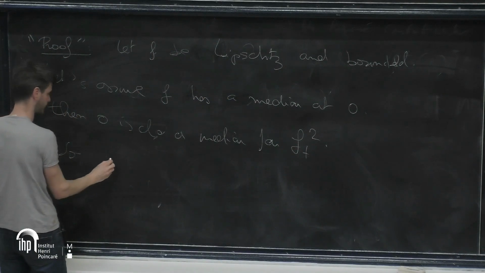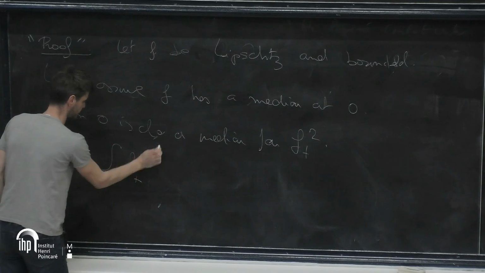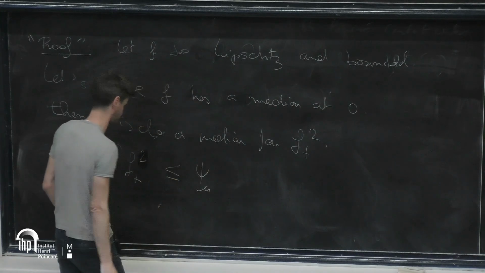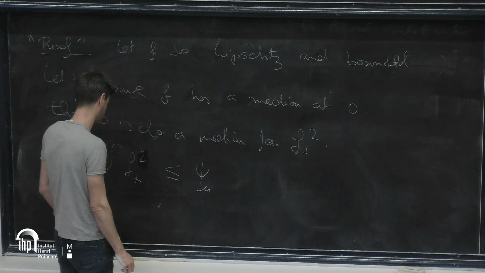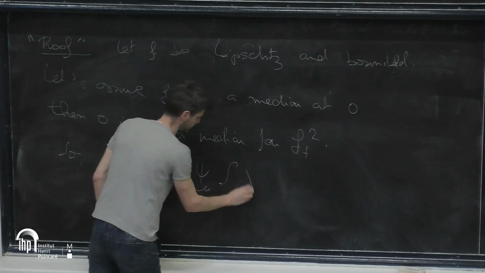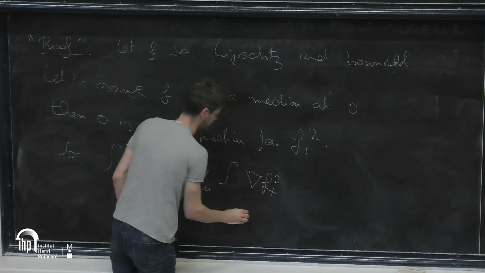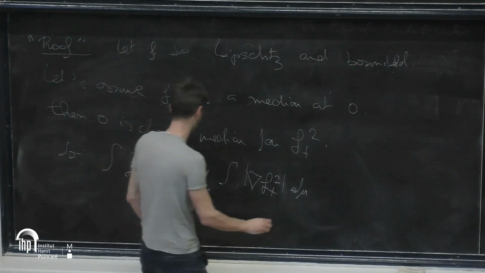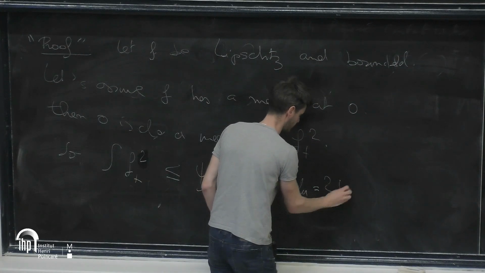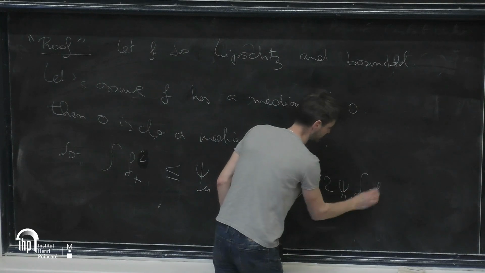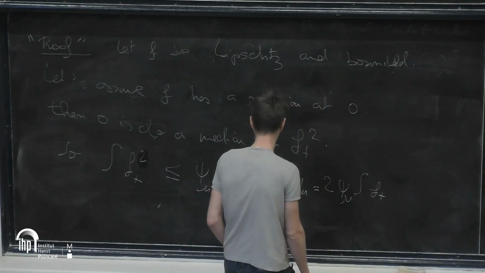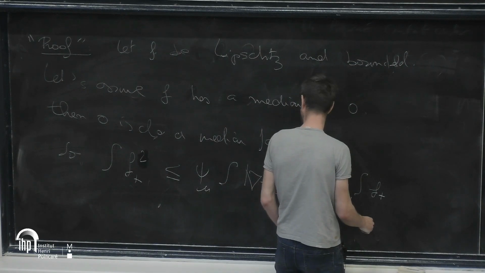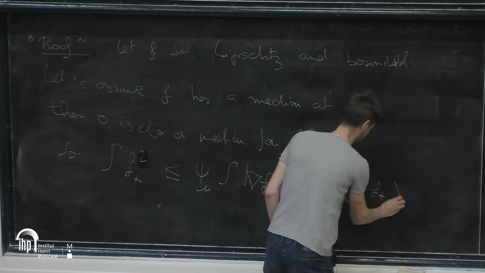So the integral of f plus squared, if I'm assuming Cheeger, is less than psi of mu times the integral of grad of f plus squared, which is 2 psi of mu times the integral of f plus times grad f plus.